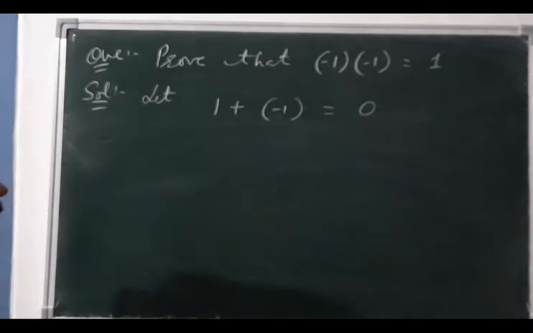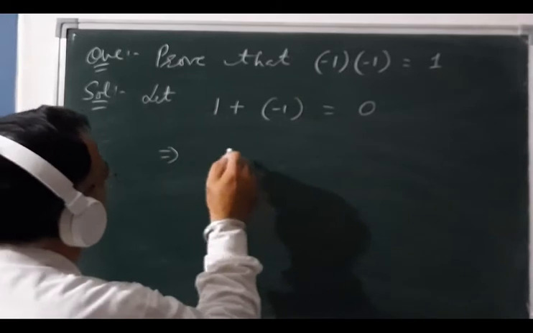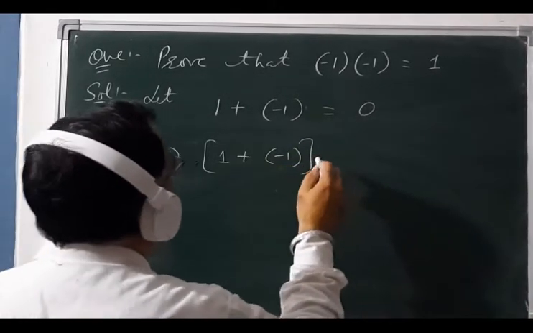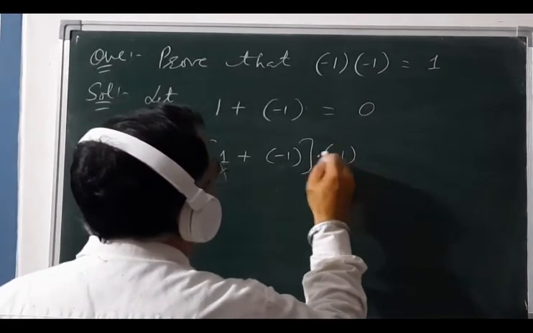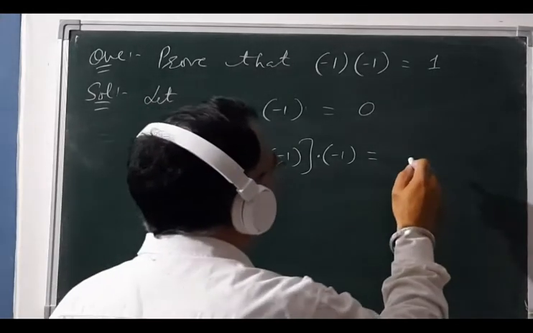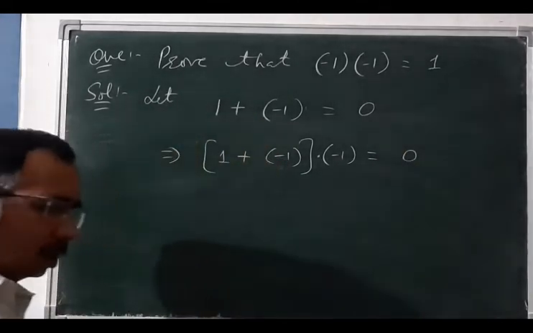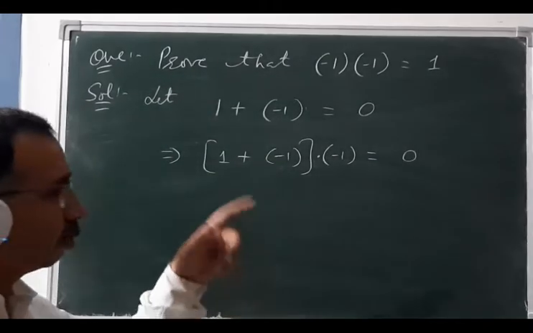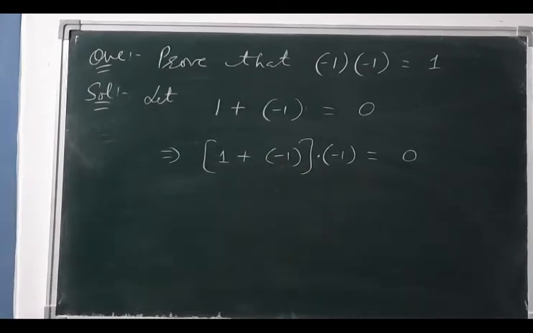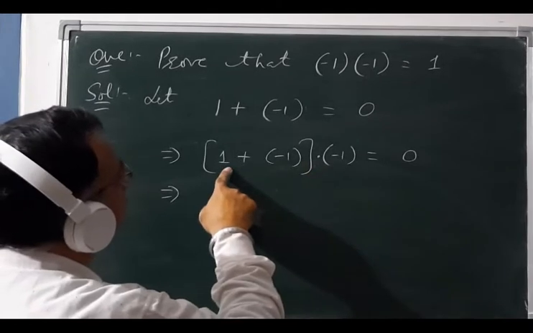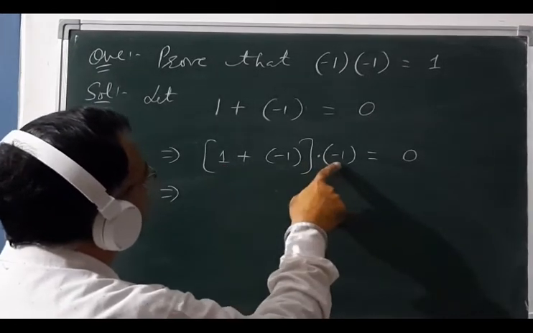Now multiply both sides by minus 1 and use the distributive property. So we get (1 plus minus 1) into minus 1, and here 0 times minus 1 is 0. This I have just proved, that 0 times x is 0. So now by using my previous result, this thing is 0. So here by the distributive property, 1 into minus 1, but 1 is the multiplicative identity, so 1 multiplied by minus 1 will not change.